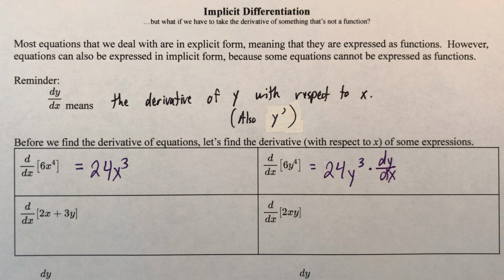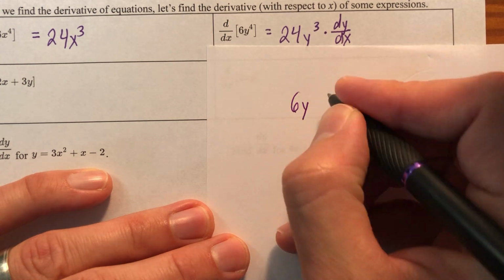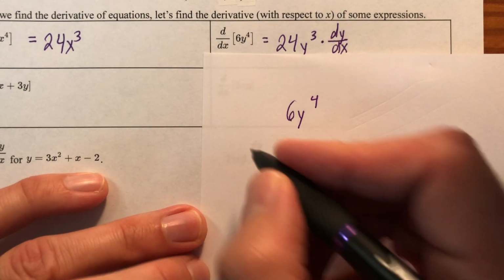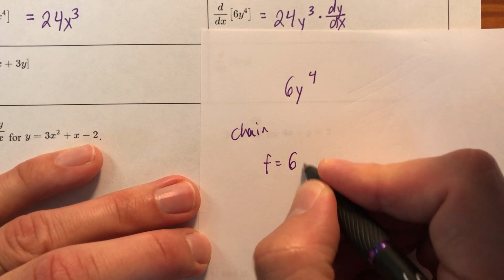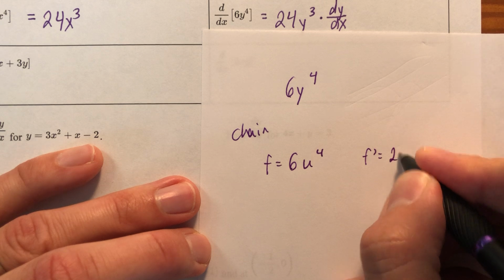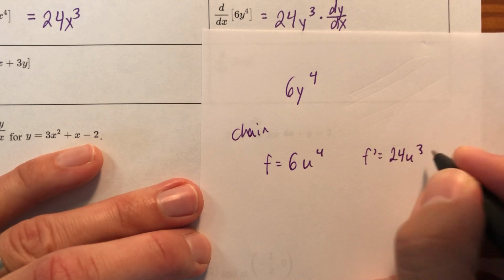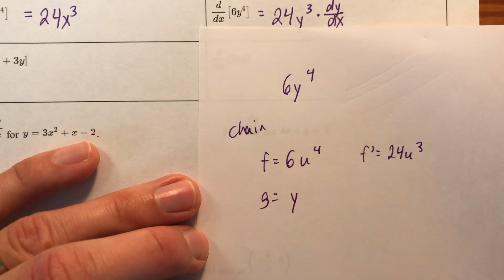Okay, if nothing I just said made sense, let's try this one more time. If I said, let's take the derivative of this, then I can do a chain rule on this thing. The biggest thing happening is 6 times something to the fourth power, which would give me 24 times something to the third. Well, what is that inner thing? It's y.